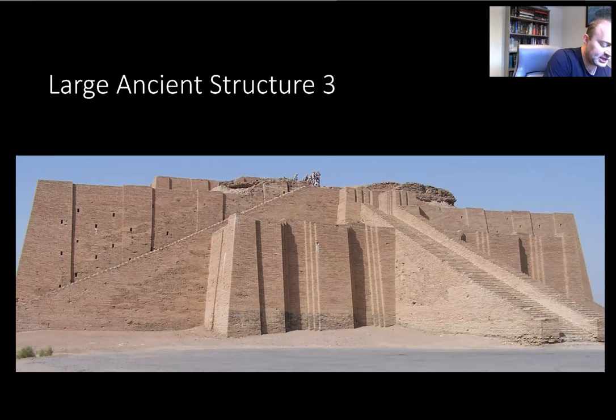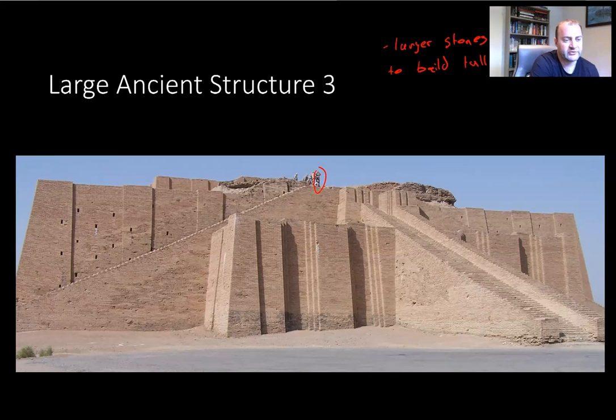But again, we're seeing similar sorts of patterns where we're using large stones to build tall structures. So that's what these ancient structures had in common: you're using significantly bigger stones than you would have seen before, and you're able to build structures that are significantly larger than a person.